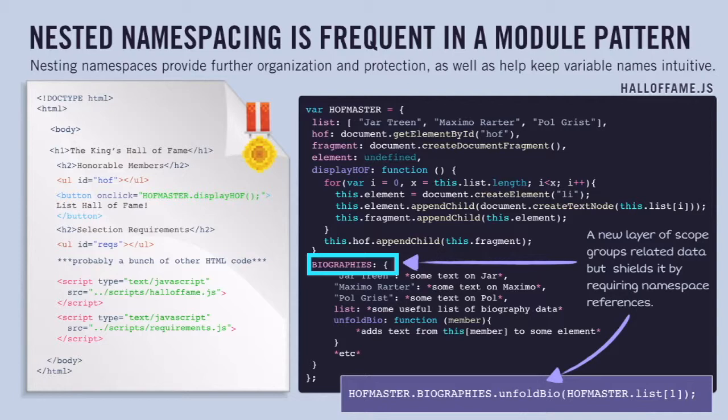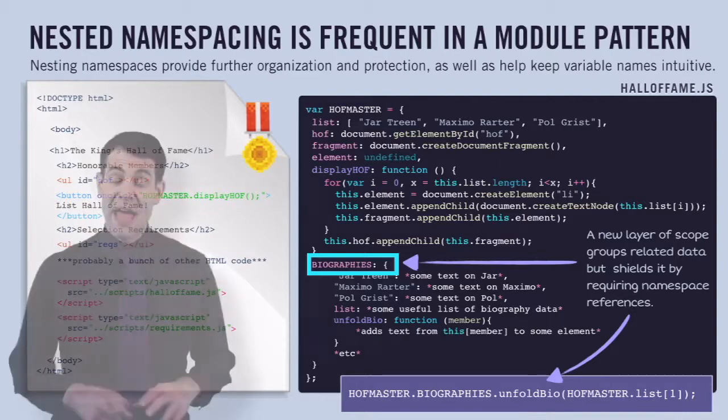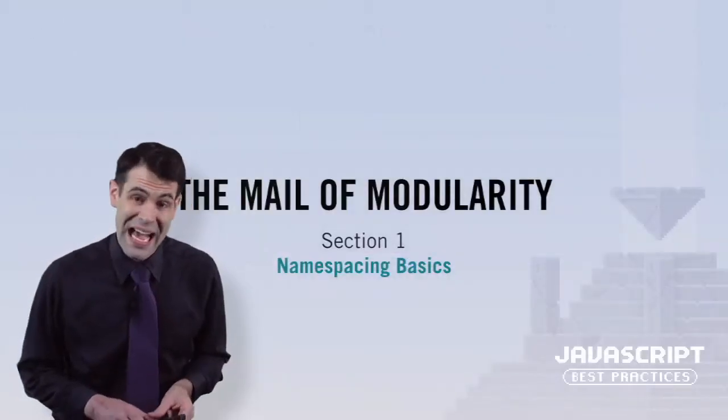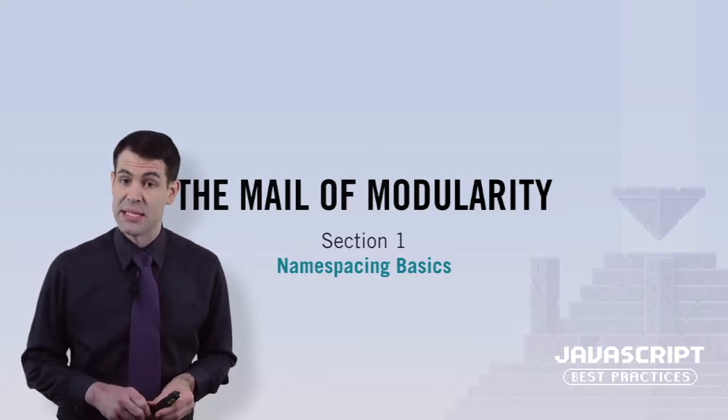That's going to distinguish it from the HOFMASTER list, which you can see holds the knights, and the list inside the biographies namespace, which holds only some useful list of biography data about each of the knights that are in the Hall of Fame.